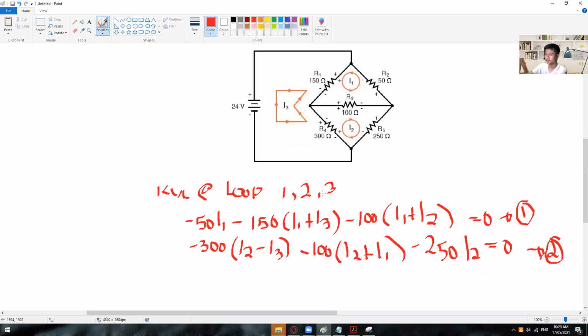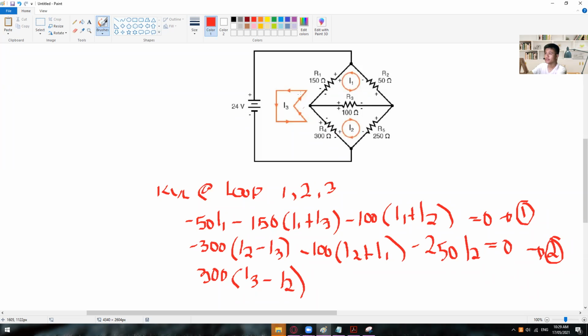Anyway, let's now move on to equation number 3. Let's start with the R4 first. So we have positive as our leaving signage. So positive 300, and then the current on the inner side first, which is I3. Again, notice that we have different flow of current here, so we have negative I sub 2.